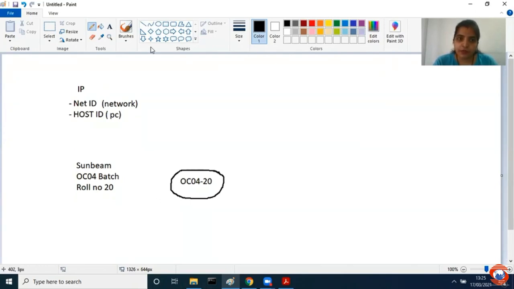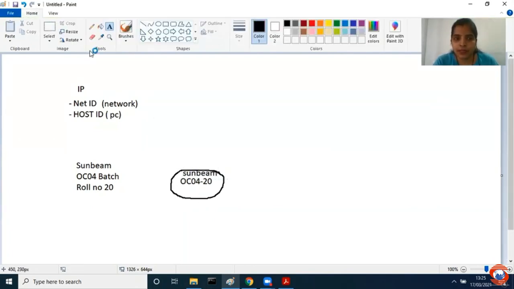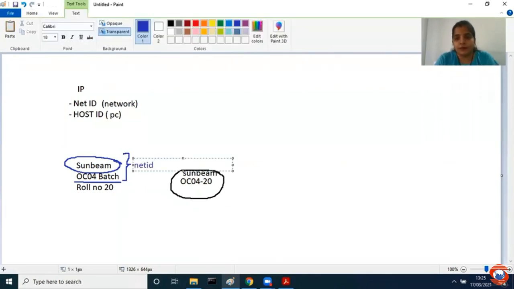But if I add Sunbeam and say Sunbeam OC4 20, when you come to the Sunbeam network, maybe the admin office will analyze that OC4 is a PreCAT batch. Can I say like this? So this is nothing but identifying a network, that is your net ID.